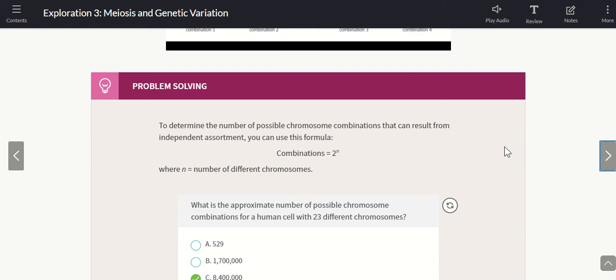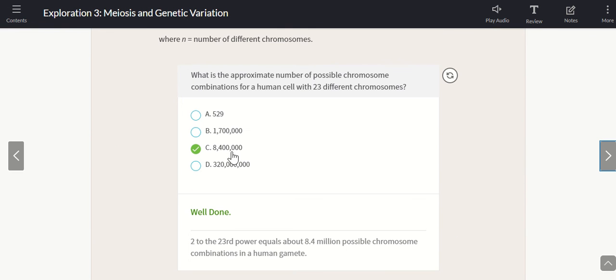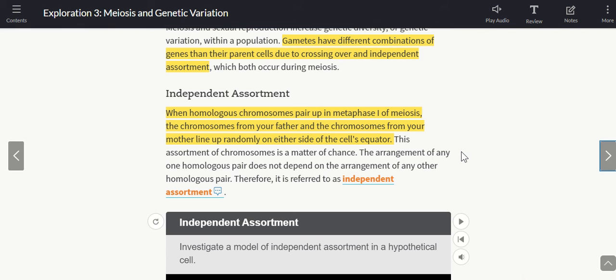In fact, the likelihood of that happening is about 1 in every 8,400,000 possibilities. So very, very unlikely that any of these circumstances are going to be exactly the same. And even if they are, it's very, very infrequent. Now, independent assortment provides us with one of the ways that we create randomness and create diversity in our gametes.